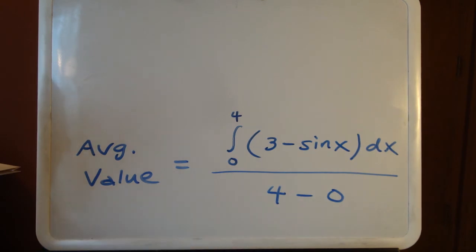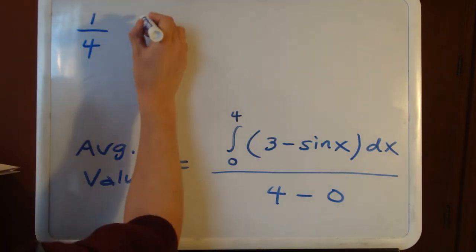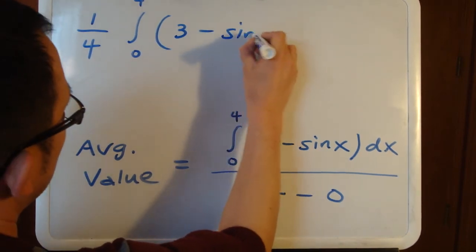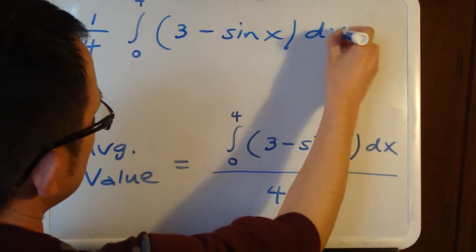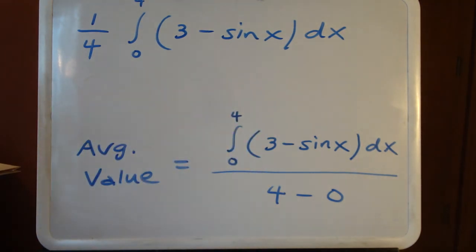So I'm just going to focus on this. We're integrating and we're dividing by 4. So I would write it this way: 1/4, and then we're going to integrate. This one doesn't look too difficult, right? The antiderivatives here are pretty basic.